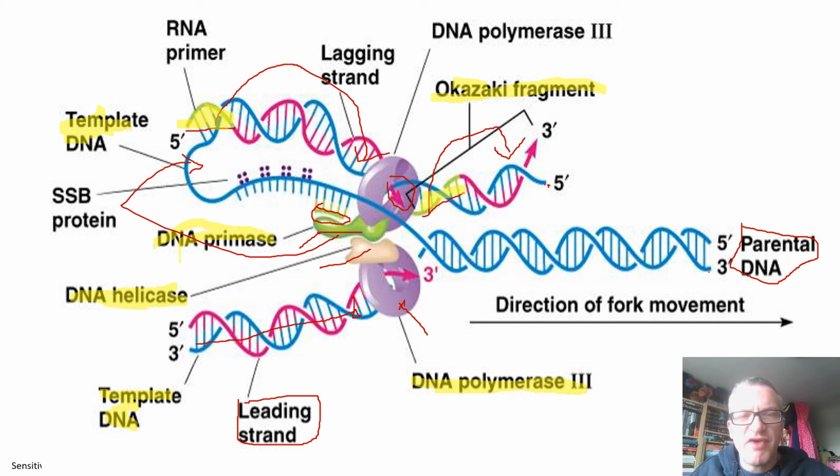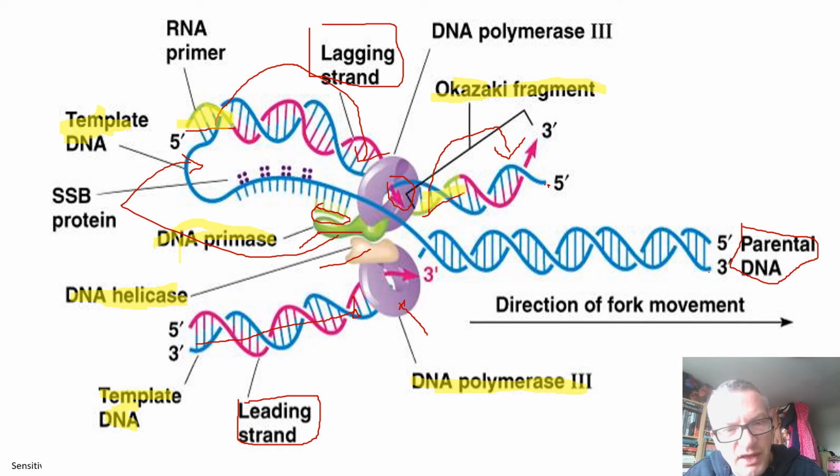So after these fragments have been made, or as they're being made, DNA polymerase 1 will remove the RNA primers, and DNA ligase will stick those pieces back together to make one continuous strand. Now this strand is called the lagging strand. You can see that up here because of its speed. It lags behind the other strand because of this kind of staggered jump approach it needs to take.